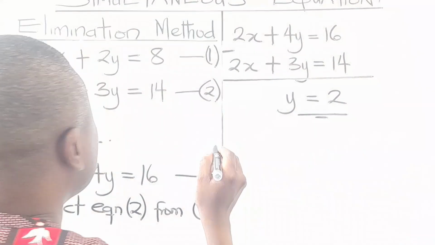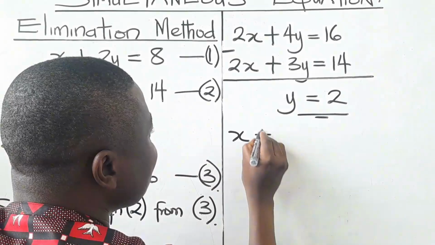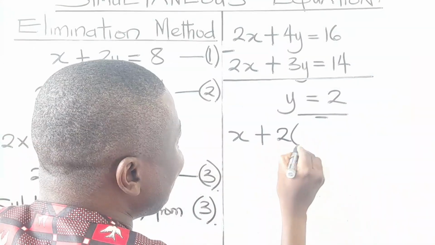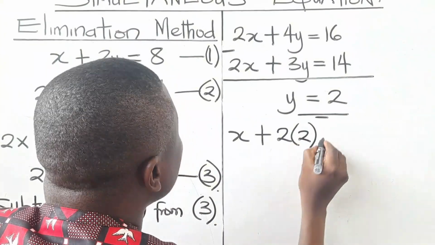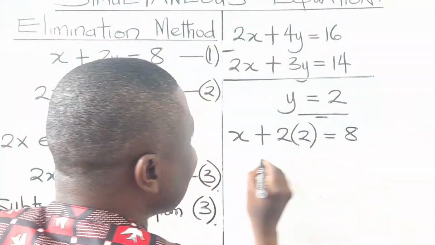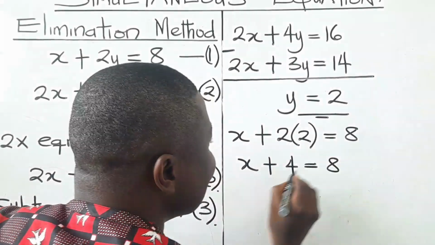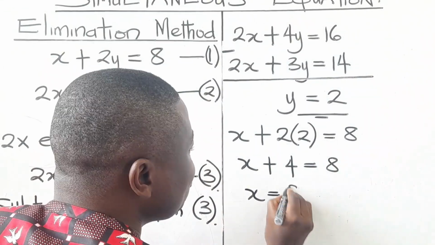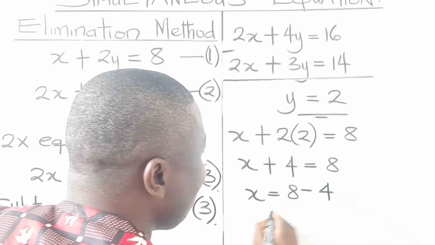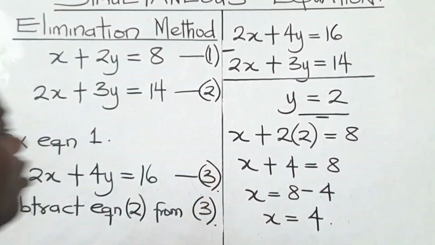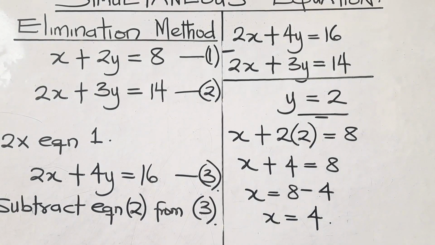So I'll go with the first equation. x plus, instead of writing 2y, I'll write 2 bracket, y is 2, equal to 8. So x plus 4 equals 8. So x equals 8 minus 4. So we have x equal to 4. We've gotten the value for x.